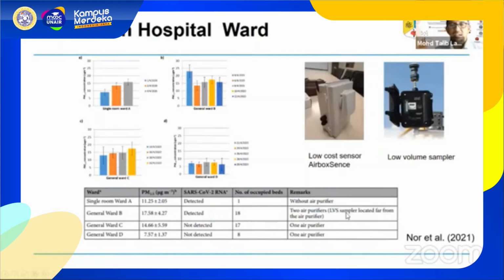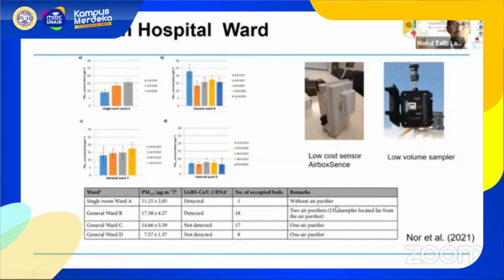The LVS sampler is located far from the purifier. They have two purifiers, but the sampler is located far away. This one is one purifier and this one is one purifier. We can see that where there is no purifier, we can detect COVID-19. Even though they have two purifiers, because they are far from our sampler, we can still detect COVID-19.